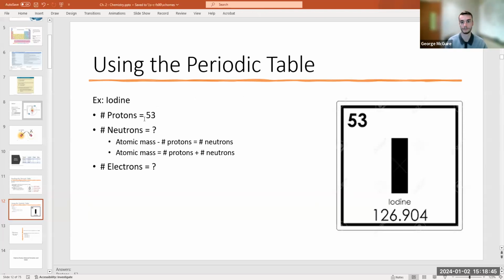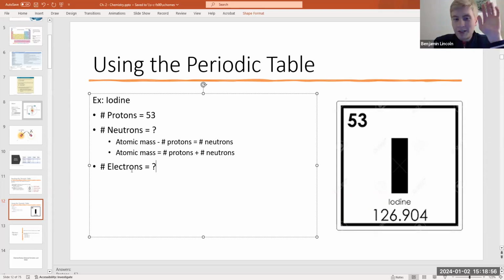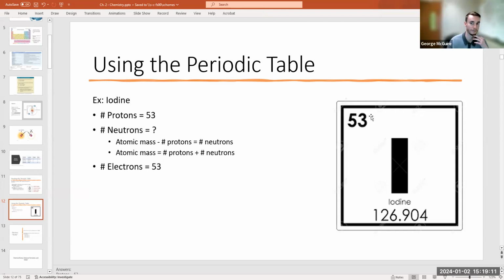Awesome. Now the next easiest piece of information would be to jump to electrons. So would anyone be willing to share how many electrons iodine has and how you figure that out? I will try. You said that in the most common form it was neutral, so that would mean they'd have to cancel each other out, so 53 electrons as well. Awesome. Thank you so much. So Benjamin said that they would have to cancel each other out, right? But I said that most commonly these elements exist in a neutral state where there's a net charge of 0.